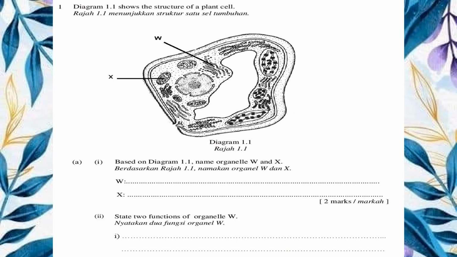Next question. Diagram shows the structure of a plant cell. They label the diagram W and X, and as usual they ask what W is and what X is. We know W is Golgi body or apparatus, and X is mitochondria. Question number 1 is not a stressful question.